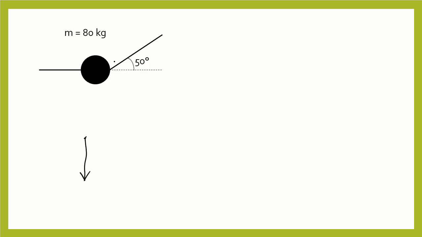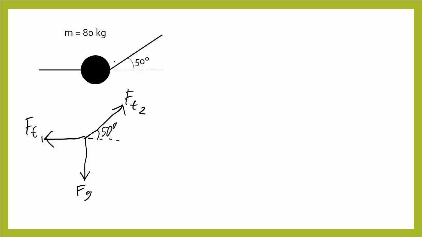So I've got a gravitational force acting down on this ball. I've got a tension this way, I'll call it T1, and I've got a tension this way that I'll call T2, and it is at a 50-degree angle, just like the other diagram here, right?